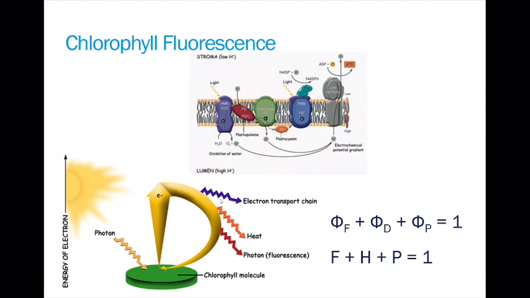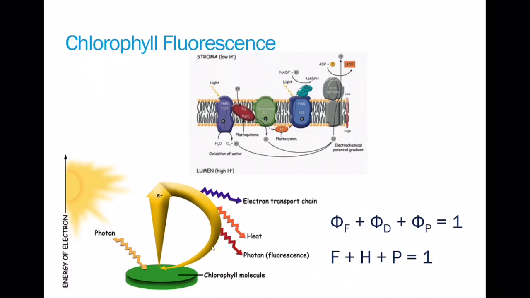It could pass that energy to another chlorophyll molecule and eventually make it to a photosystem, photosystem 1 or photosystem 2, and be responsible for electron transport. Or it could re-emit that energy as heat. A third path is that the energy is re-emitted as light, a longer wavelength of red light coming out of the leaf, and that's called fluorescence.